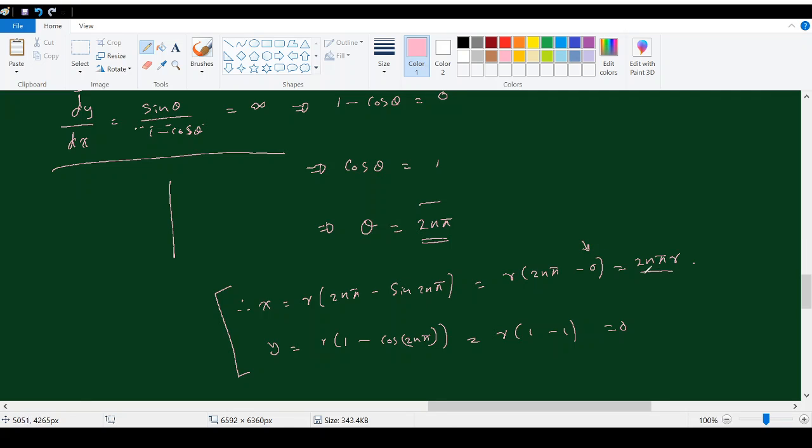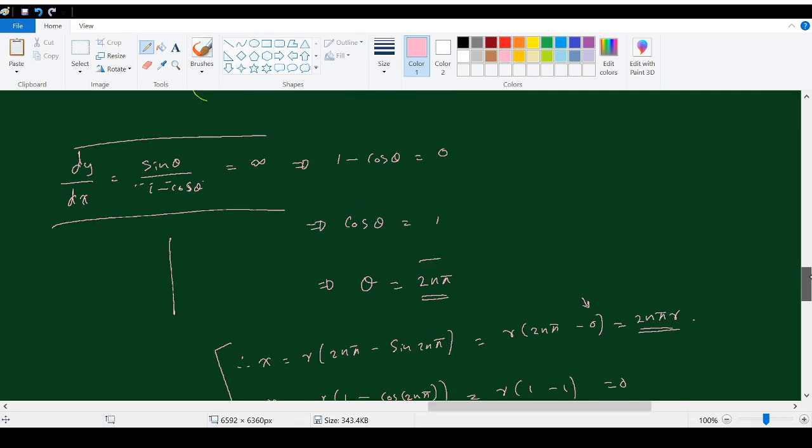So you are left with 2n pi r, and here for the y-axis you have an even multiple of pi for the cosine term, which gives you positive 1. So these two will get cancelled out, and you will get 0 for the corresponding y-axis.